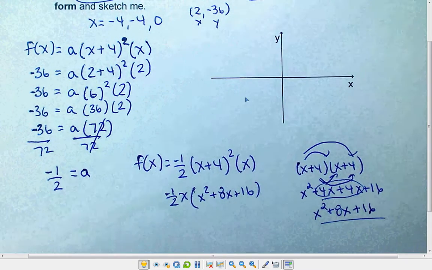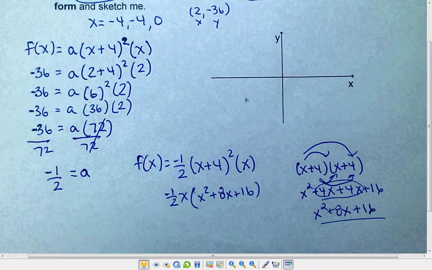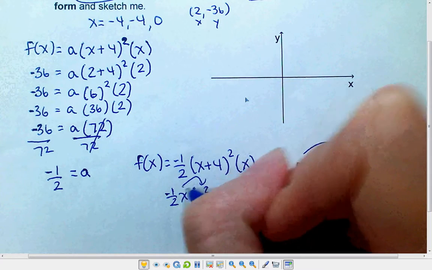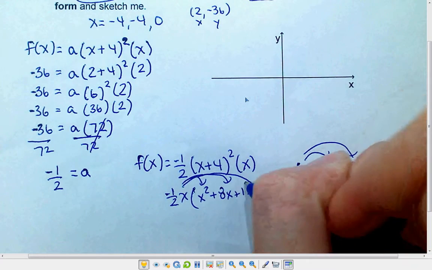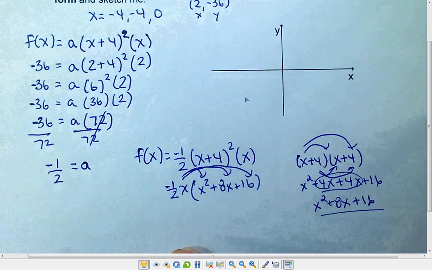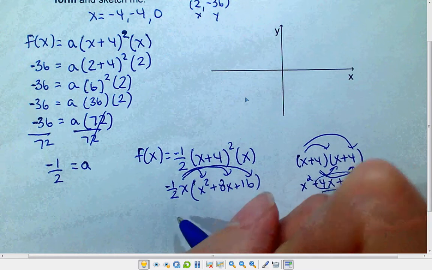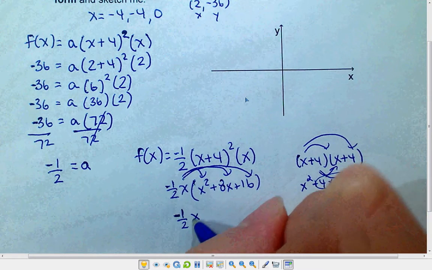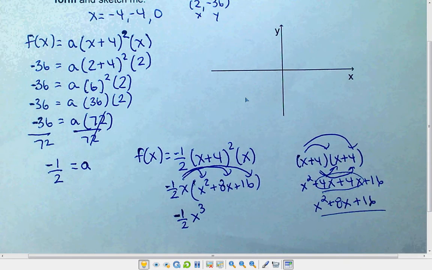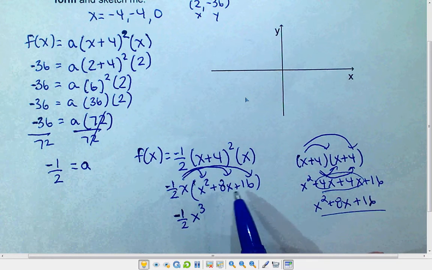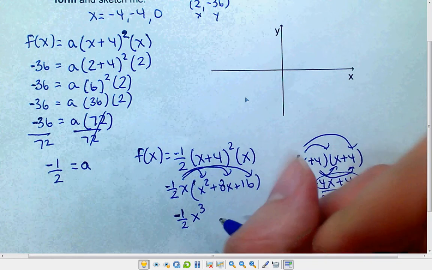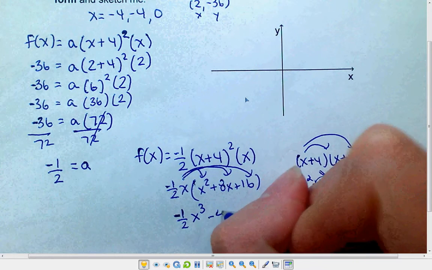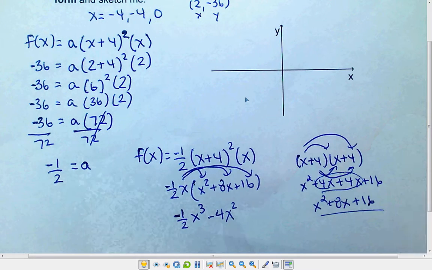And again, we want to distribute as much as possible. We want to multiply it out. So I'm going to distribute now this negative 1/2 x to all three of these. So negative 1/2 x times x squared is negative 1/2 x cubed. Negative 1/2 x times 8x. So negative 1/2 times 8 gives me negative 4. X times x is x squared.